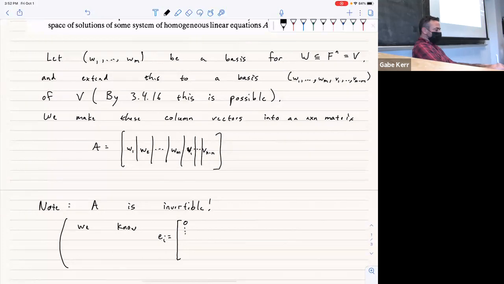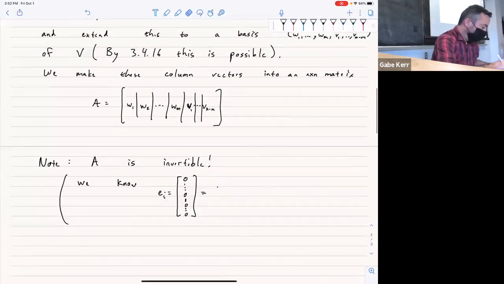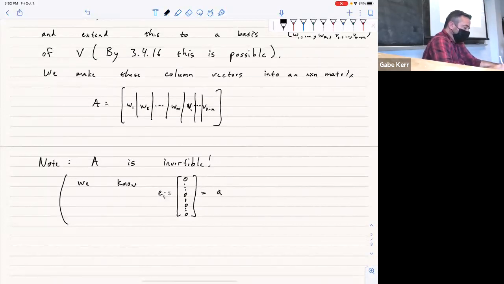There are zeros everywhere except on the ith entry, where we put a 1. This is equal to some sum.